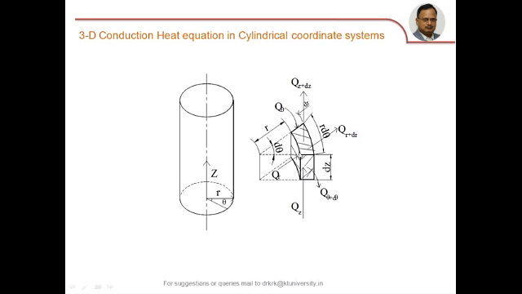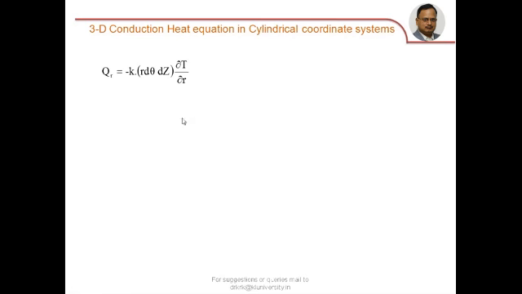So the area is r d theta into dz. Thickness in the direction of heat flow is dr. Therefore, we can write the equation Q_r equals minus k into r d theta dz into dT/dr.